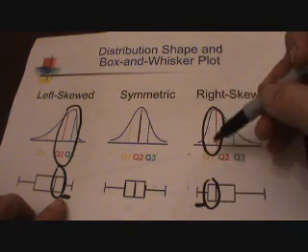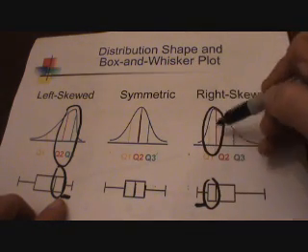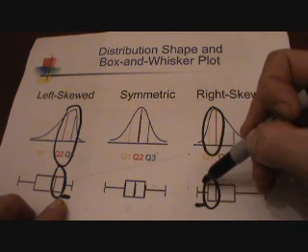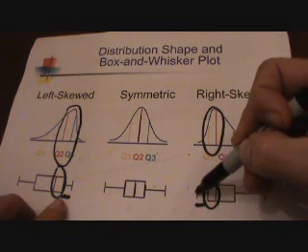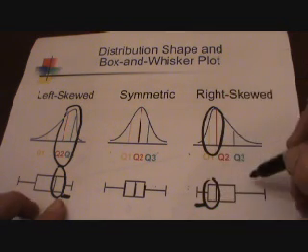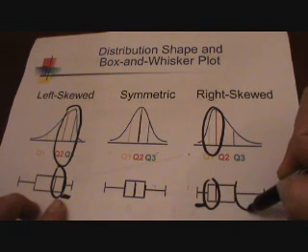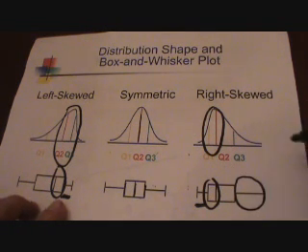Similarly, on the right skewed, our Q1, Q2 quartile is pretty tight. Little bit of area from the minimum to Q1, big area out here from Q3 to our maximum.